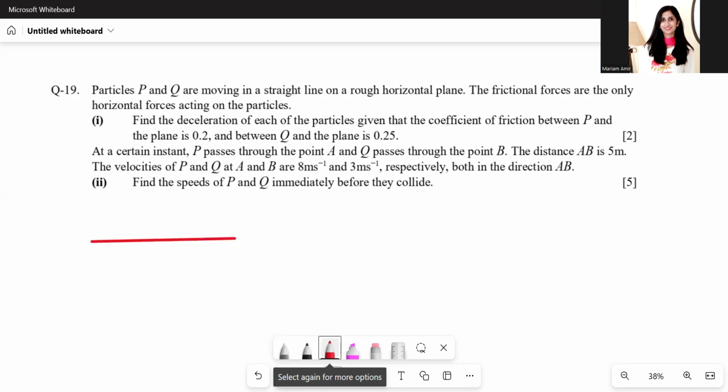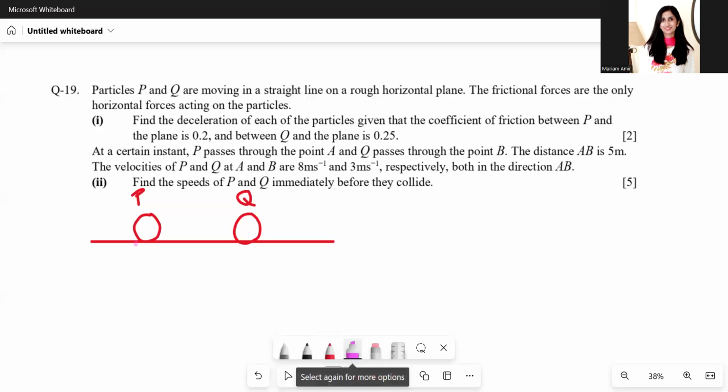Okay, so we have two particles P and Q, and this coefficient of friction mentioned here is 0.2. And for this particle, it's 0.25. Let's say this is the direction of motion of both the particles.